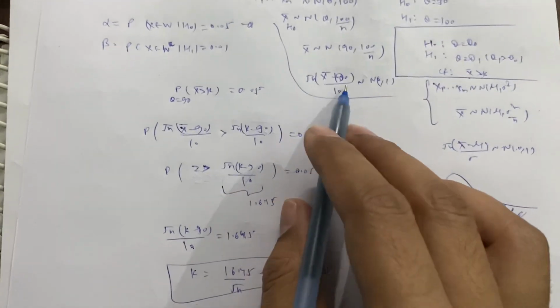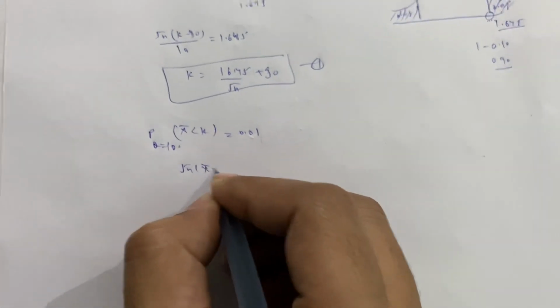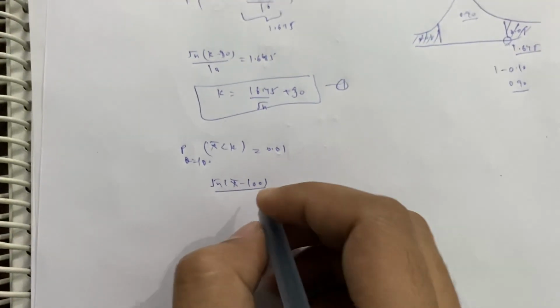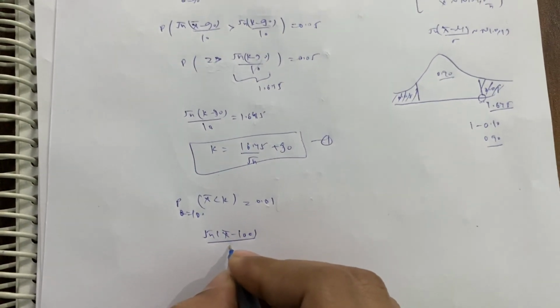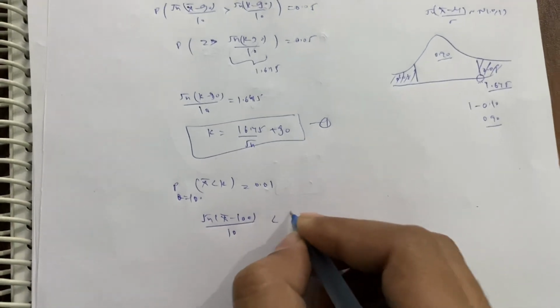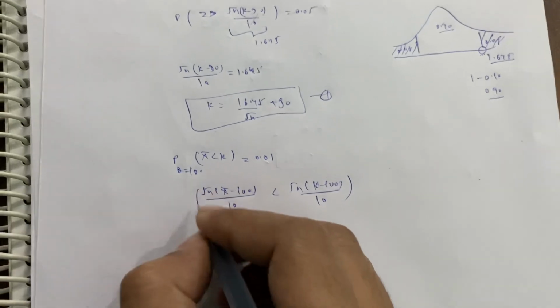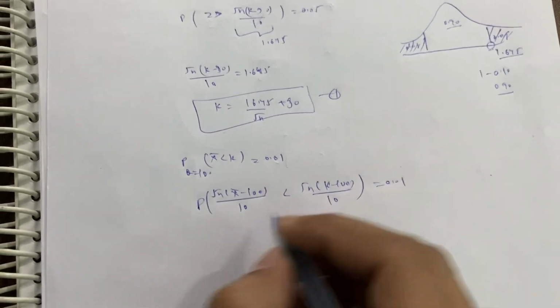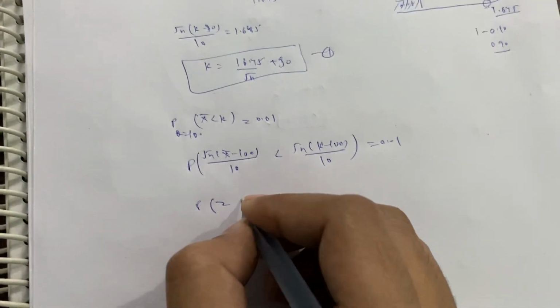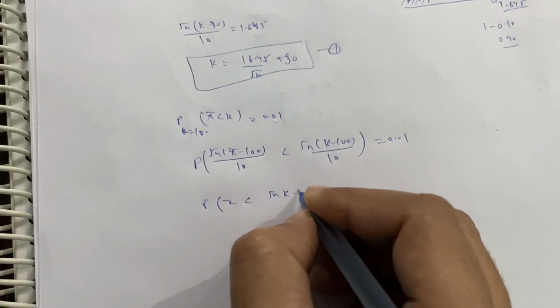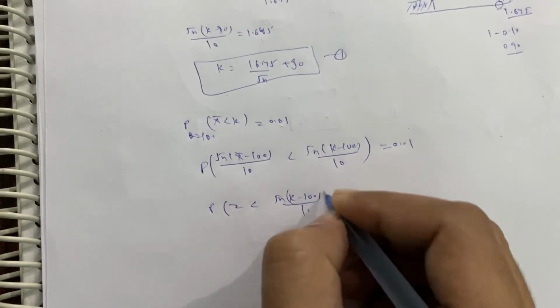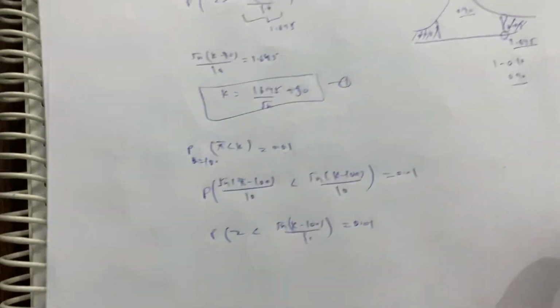So root n times (x bar minus 100) divided by 10, with root n times (k minus 100) divided by 10, is Z, and the probability is 0.01.